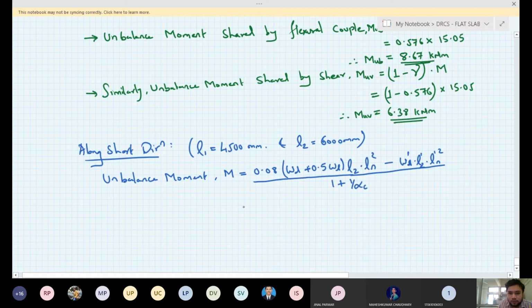Okay, so for this case it will be 0.08 into 9 plus 0.5 into 6.